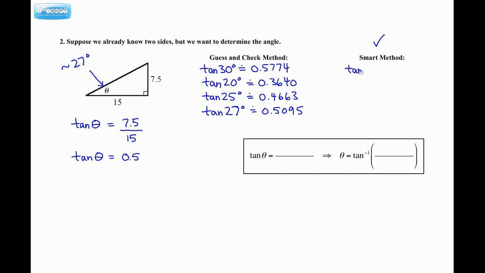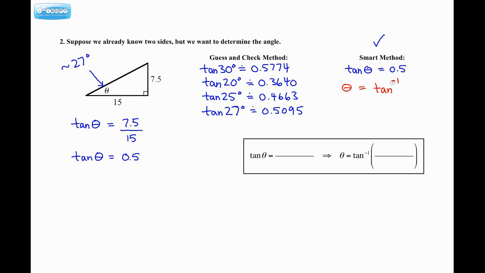So if the tangent of our mystery angle is 0.5, we can go backwards by writing a similar statement, but it's just a bit different. We say that the angle, therefore, is the inverse tan, and we symbolize that by putting a little -1 up here. It's like an exponent in terms of how and where it is written, but it is not an exponent.